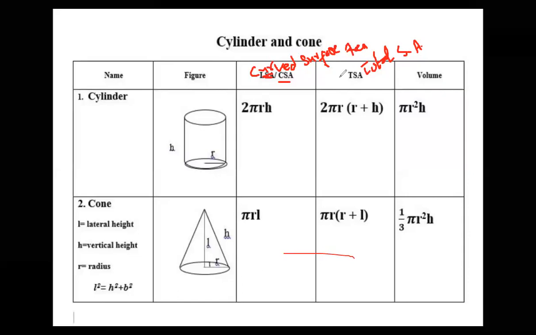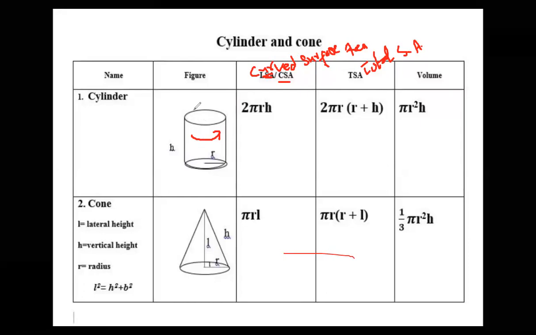Now we need to know the meaning of curved surface area. What is curved? The rounded part. Suppose you roll a chart paper, that is also an example of a cylinder.